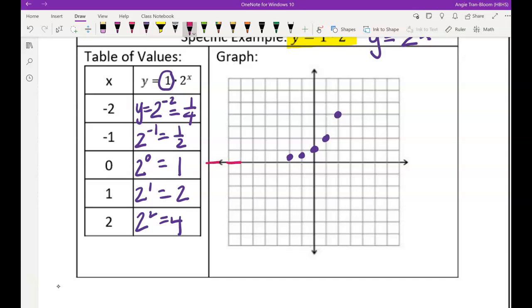So that creates an asymptote like this. This is your horizontal asymptote, HA, and that's going to be at y equals 0. Our graph is going to get closer and closer to the asymptote, but not touch it, because we can't really get y equals 0, and it shoots upward.